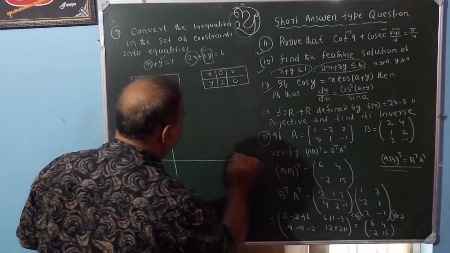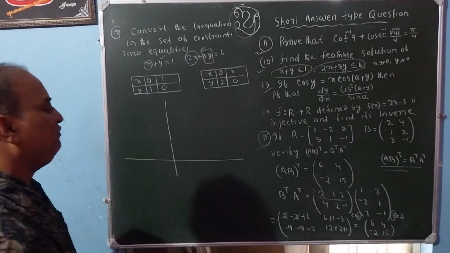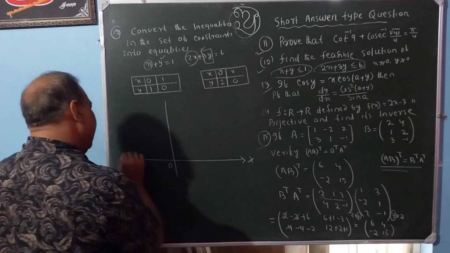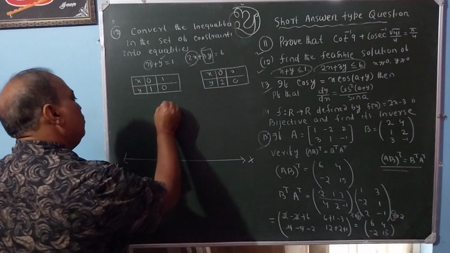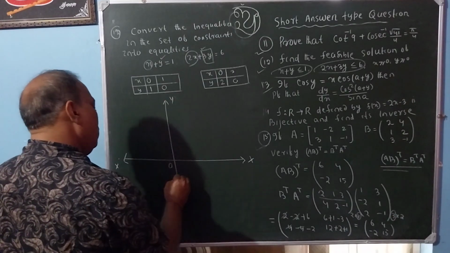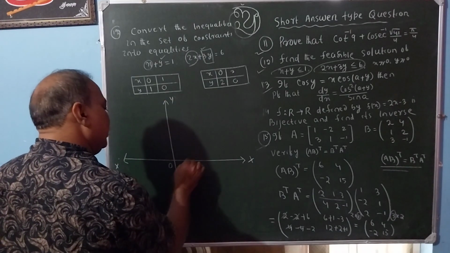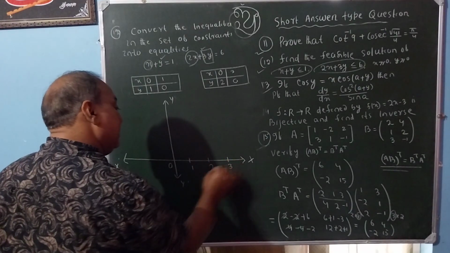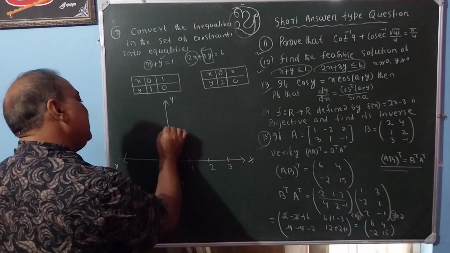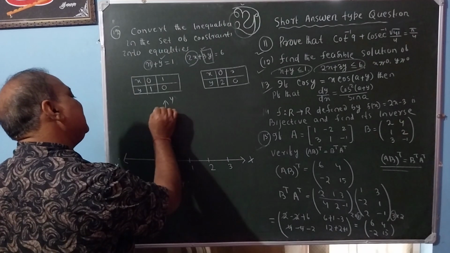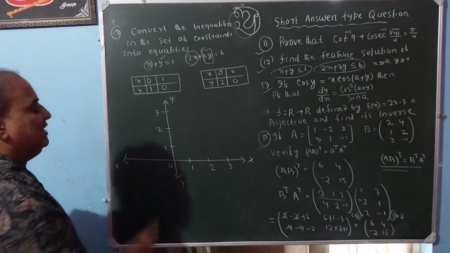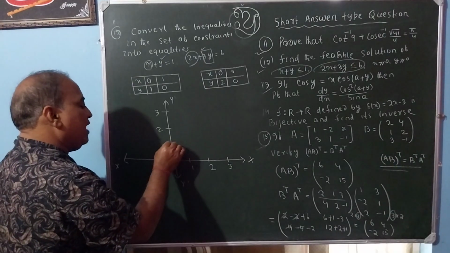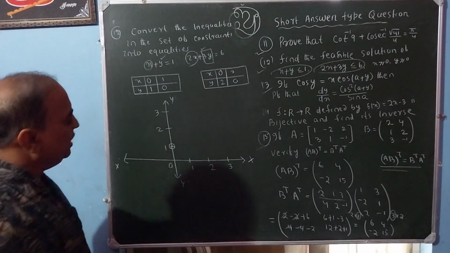So you have to think of it as one graph paper. This is the x-axis, X'OX, and Y'OY. Mark 1 unit, here 2, here 3, and the same on the y-axis. For the first line, when x is equal to 0, y is equal to 1, so you mark one circle here.